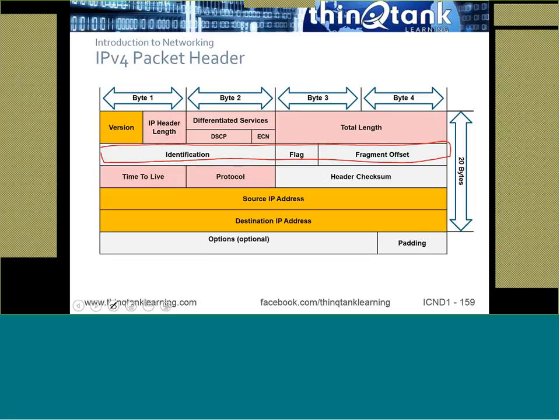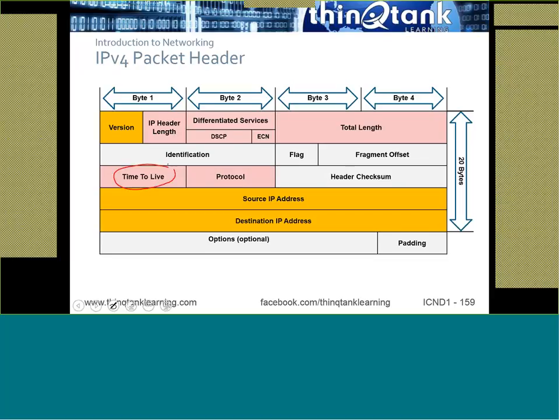Fragmentation is the concept of dividing data up into smaller pieces, but at layer 3, not at layer 4. So if fragmentation is occurring, certain values get placed into these fields to identify those fragments so that we can put them back together at the other side of the connection. I'm not going to get into the details of those fields, but that's fundamentally what they represent.